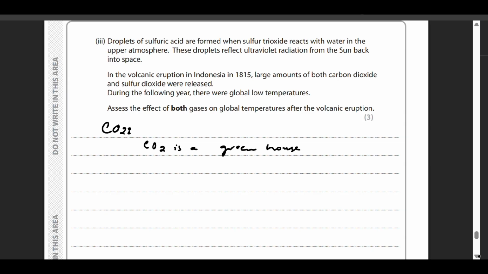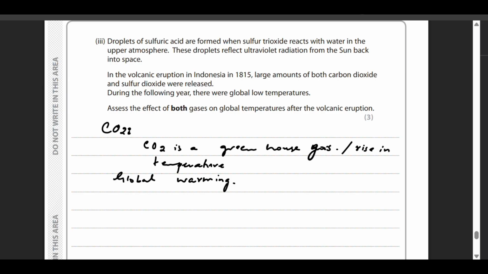So first we will discuss the role of carbon dioxide, and you know carbon dioxide is a greenhouse gas. And it absorbs the radiations and causes a rise in temperature and results in global warming basically.